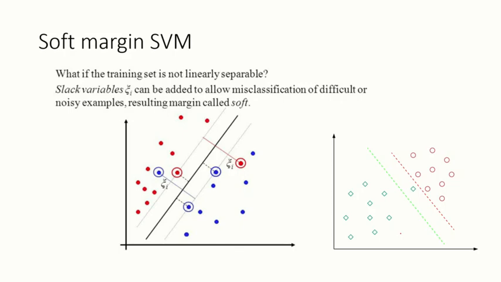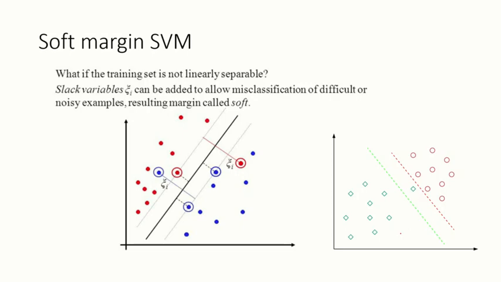So there are some trade-offs, whether you allow how much misclassification to make the boundary as wide as possible, or you want very stringent accuracy, but you sacrifice the width of the boundary.